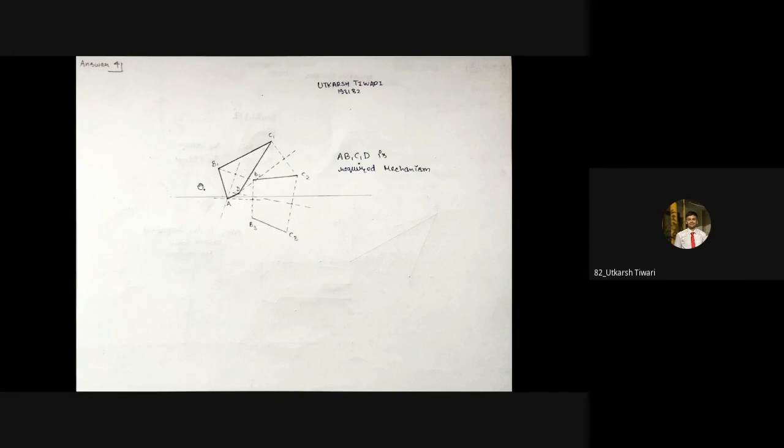Then we have to draw the mid normals of B1B2 and B2B3 and let them intersect at a point A. Similarly, we have to join C1 and C2, C2 and C3 and draw their mid normals too and let them intersect at a point D. So the required mechanism will be A, B1, C1, D or A, B2, C2, D or A, B3, C3, D. So these were the four solutions of the given questions in the assignment.